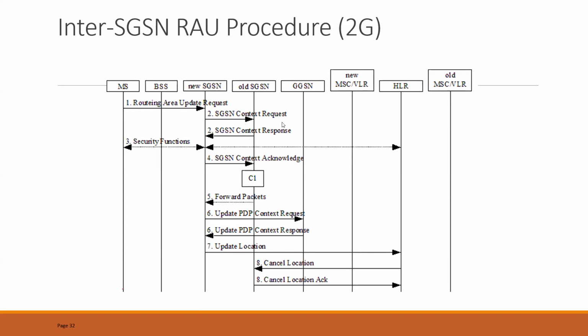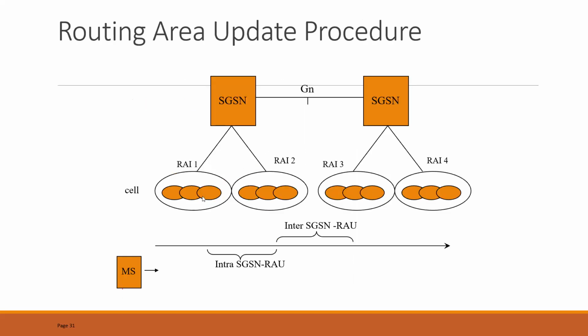So if you have 4 SGSNs available, let's call this SGSN 1, this SGSN 2, and then SGSN 3 and 4. If the user was previously attached to SGSN 1, its routing area ID was being served by SGSN 1. So you are moving from this routing area to this routing area.